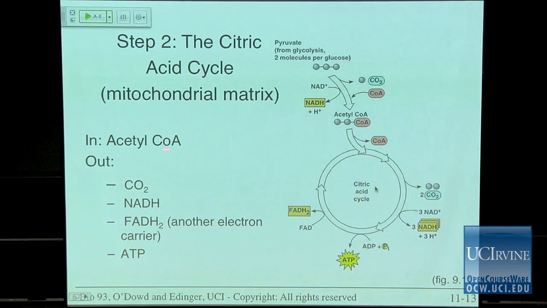Okay, so in we have acetyl-CoA, out we have carbon dioxide, NADH, FADH2, both electron carriers, and we get a little bit of ATP. So in glycolysis, we got a little ATP and some NADH. Here, we get a little ATP and 2 electron carriers.